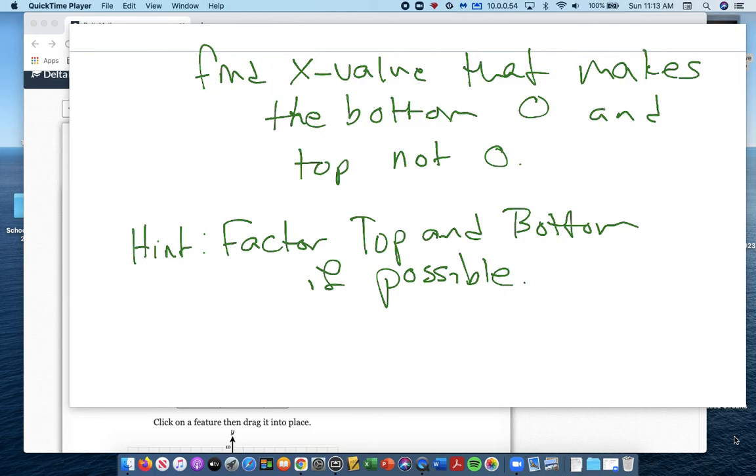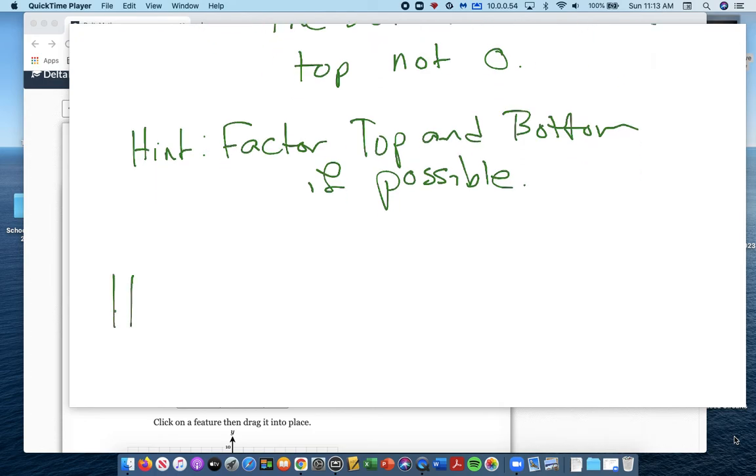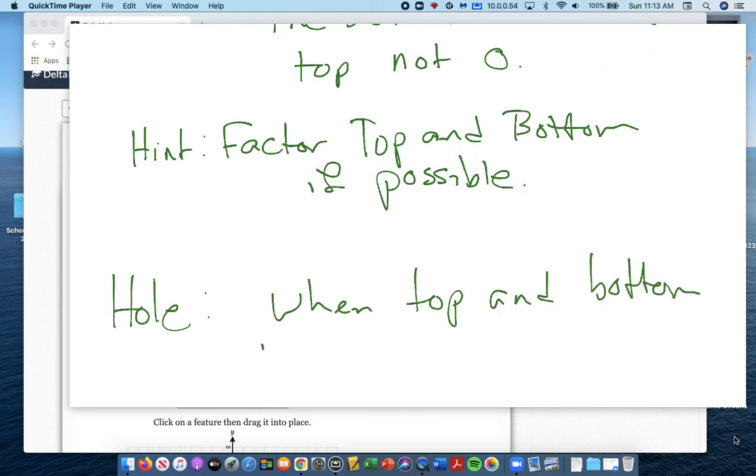The last thing is a hole. A hole happens when the top and the bottom have the same factor.